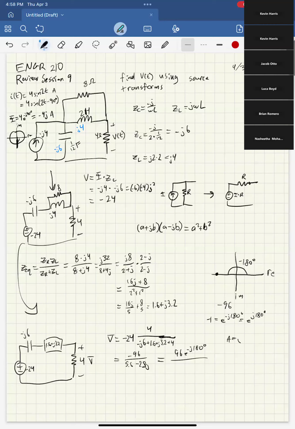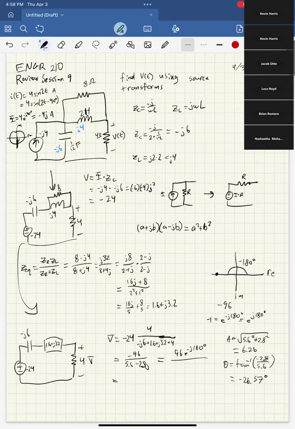So a equals 5.6 squared plus 2.8 squared. There's a dot here, sorry if that wasn't clear. And that is 6.26. And then the theta is the inverse tangent of the imaginary part over the real part, which gets us negative 26.57 degrees.